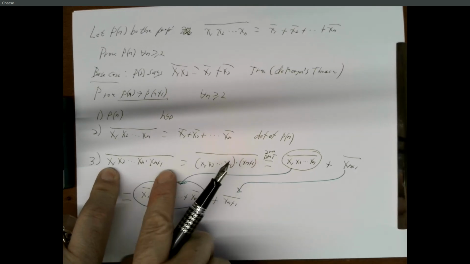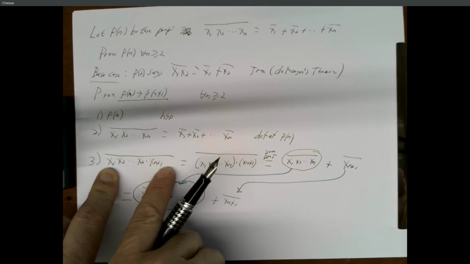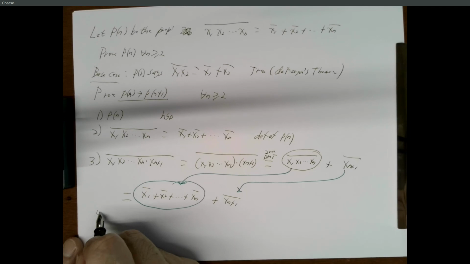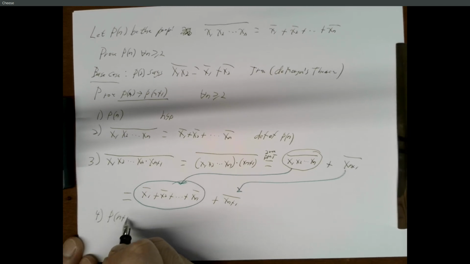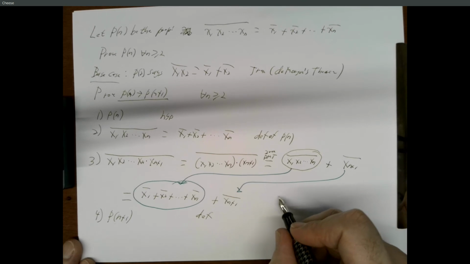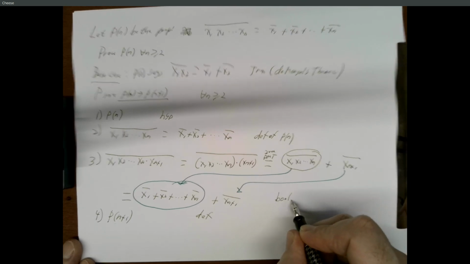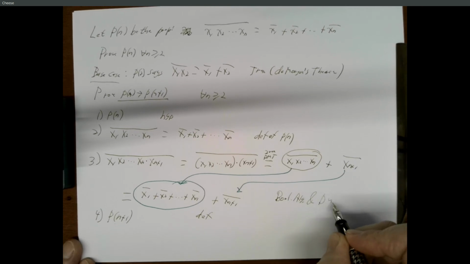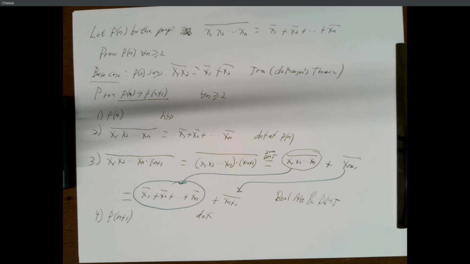And so we've proven the complement of the AND of the first n plus 1 variables is the OR of the complements of those n plus 1 variables. That's P of n plus 1. That's the definition. Statement 3 was just Boolean algebra and De Morgan's theorem. And so we've proven P of n plus 1.